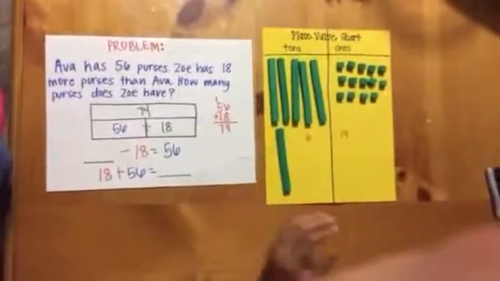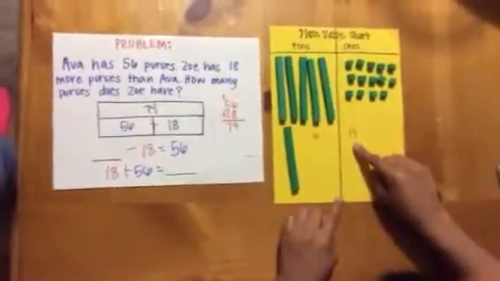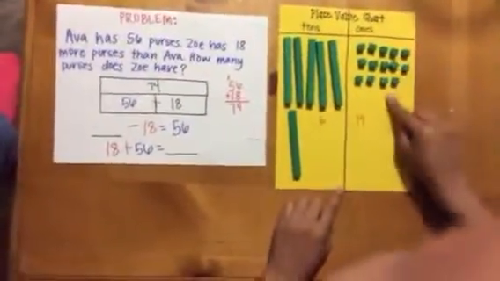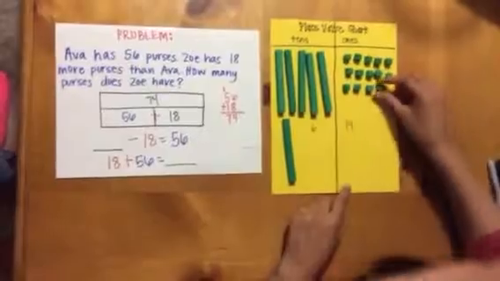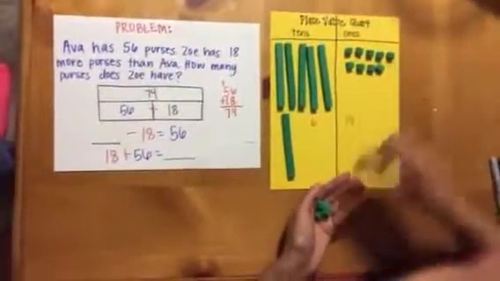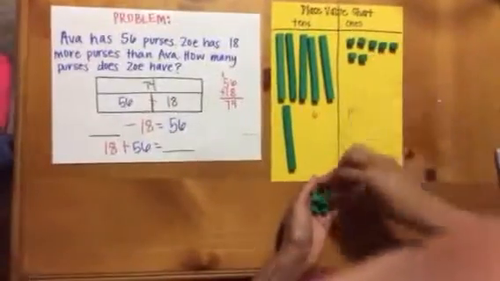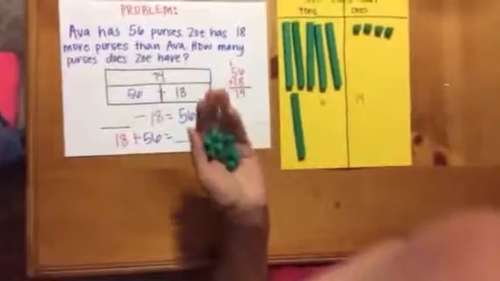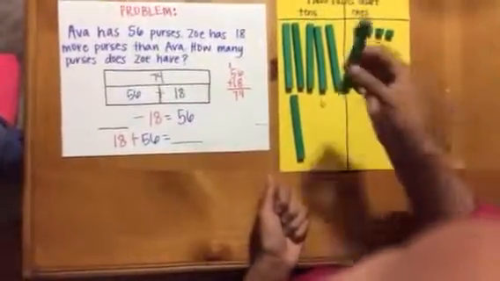So, what can we do to make this correct? We can always regroup. Let's count 10 ones and place it in our tens place because 10 ones make 1 ten. 1, 2, 3, 4, 5, 6, 7, 8, 9, 10. In a sense, these 10 ones is the same as 1 ten.